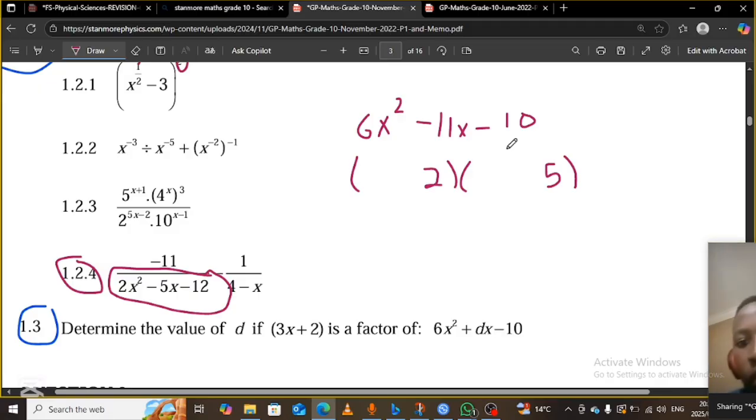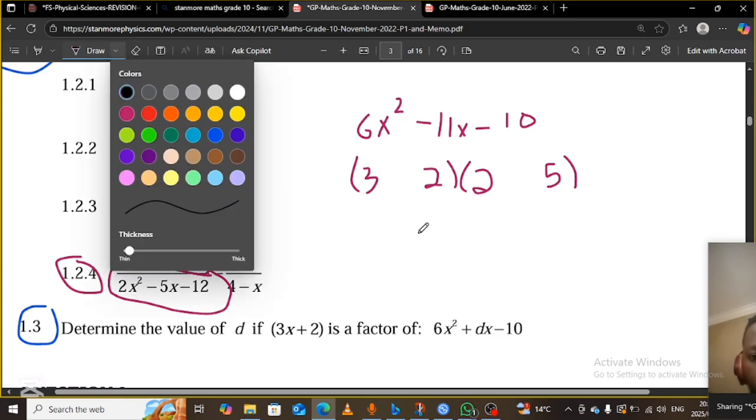I didn't factorize it. Let's factorize it together. You don't have to stress. The factors of 10 are 5 and 2, right? Yes. And the factors of 6 will be 3 and 2.